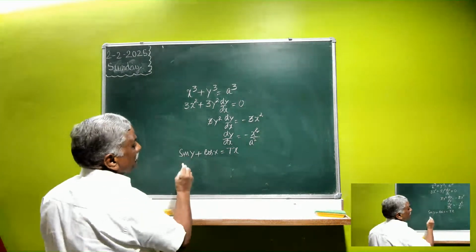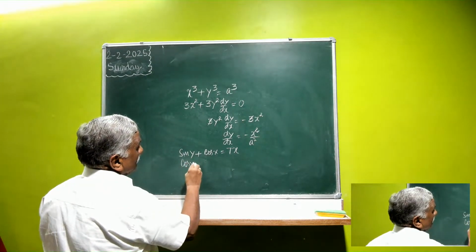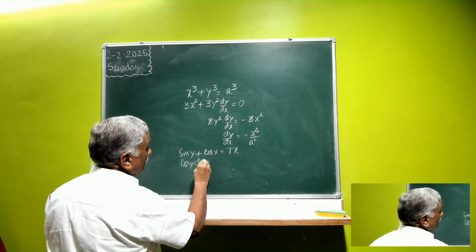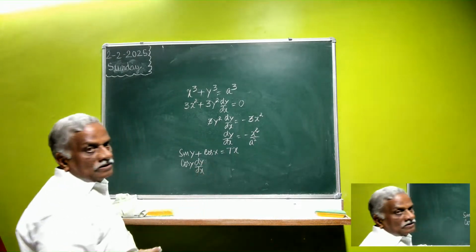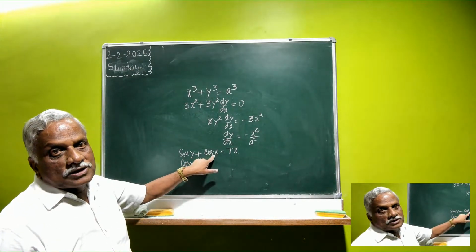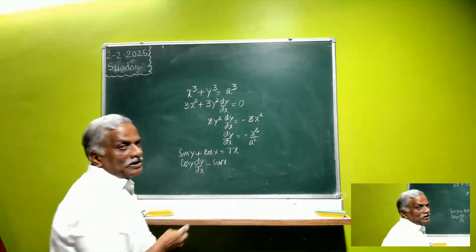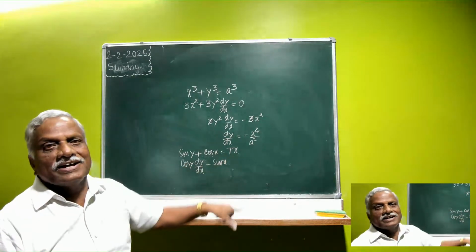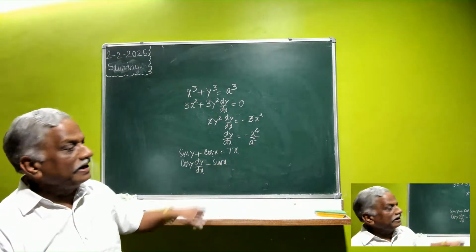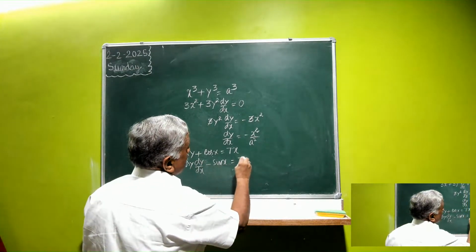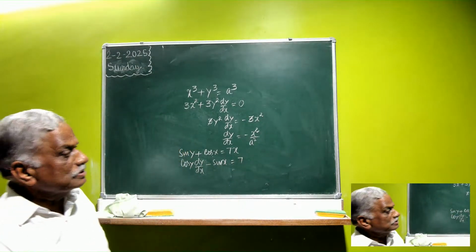What is the differentiation of sin y? It is cos y. Not only cos y, into dy by dx. Differentiation of cos x is minus sin x. If you want, you can write minus sin x dx by dx, that will cancel. No need of writing that. 7x is 7. The problem is not over.